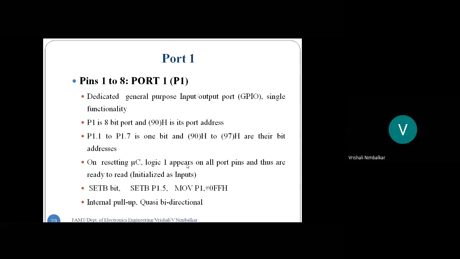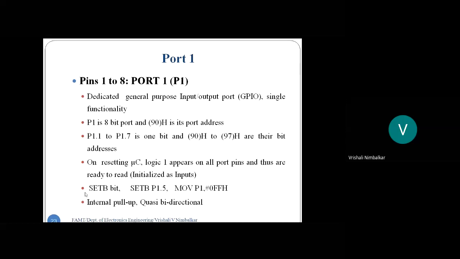And when logic 1 is sent by the microcontroller, it means those pins are initialized as input pins. This is for all the ports. When we reset the microcontroller, logic 1 is sent on all the port pins, and thus the pins start functioning as inputs. So on reset, the pins are initialized as inputs. They are ready to read.